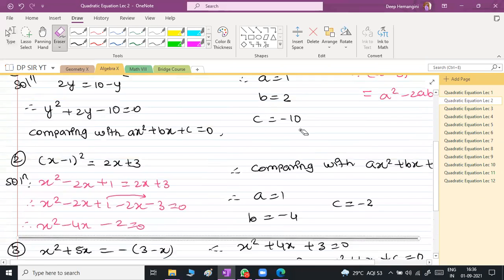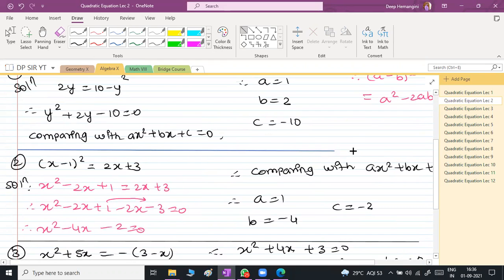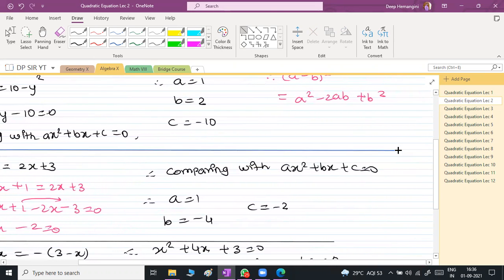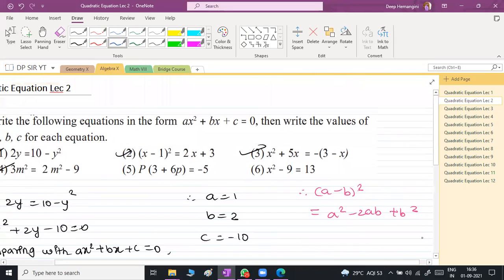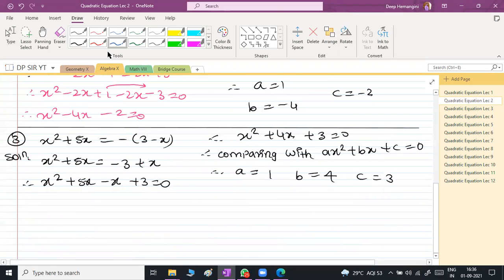So here this question is ended. Then let me draw one more line. That is here this question is ended. Please don't get mixed up or don't get jumbled. Okay, be very clear. So that's the reason I say always sit with a book and pen whenever I am teaching something.